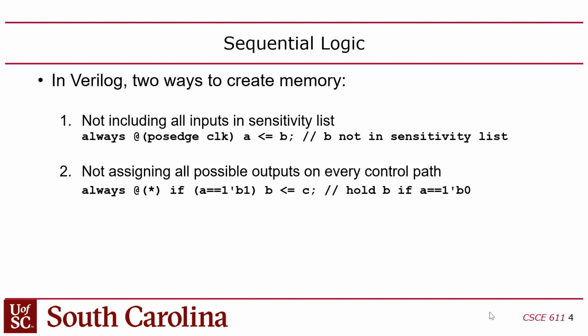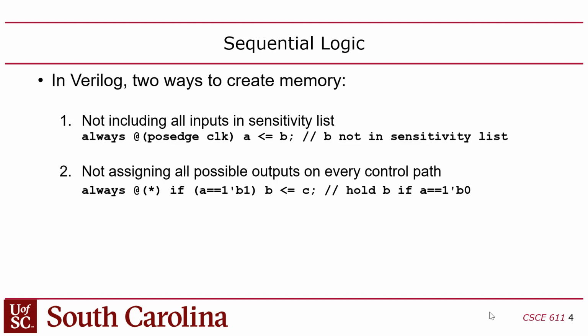However, the problem is if you have an if statement in there that causes the always to trigger, but does not assign one of the outputs. So in this case, C is an input, B is an output, A is an input. A is an input because it's part of a condition. C is an input because it's on the right-hand side of an assignment, and B is an output.